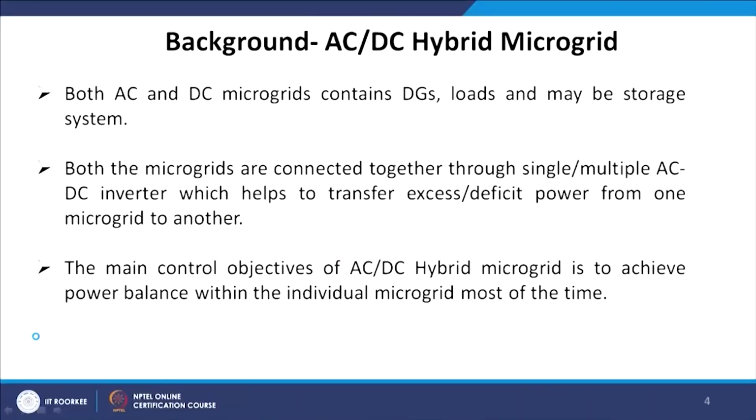I may have a DC microgrid which may have excess power that can go back to my AC grid. The main control objective of AC-DC hybrid microgrid is to achieve power balance within the individual microgrid most of the time, because we have to balance your AC-DC microgrid. Even if you are along with the grid, you have to balance your energy very frequently.